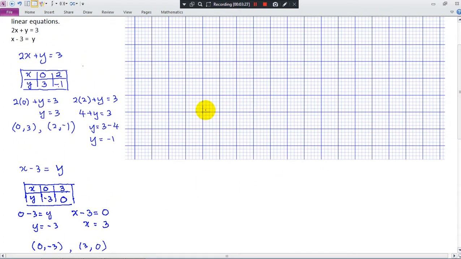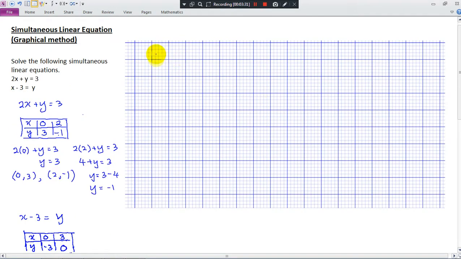Next is to draw the graph. So you need to draw the x-axis and y-axis first. So here the x we need is 0 and 2, and y is 3 and negative 1. For the second, x is 0, 3 and y is negative 3, 0. Okay, we do this one first.